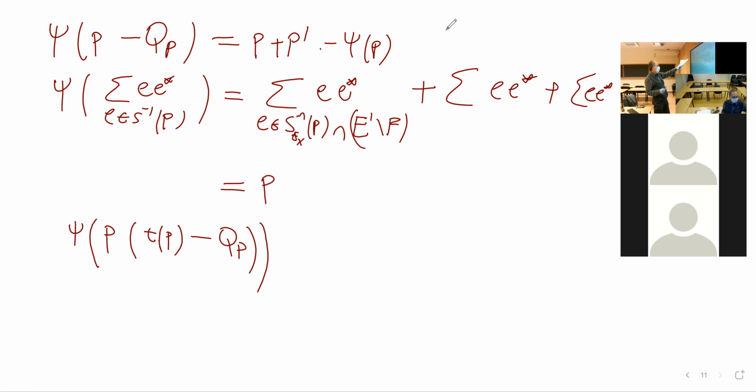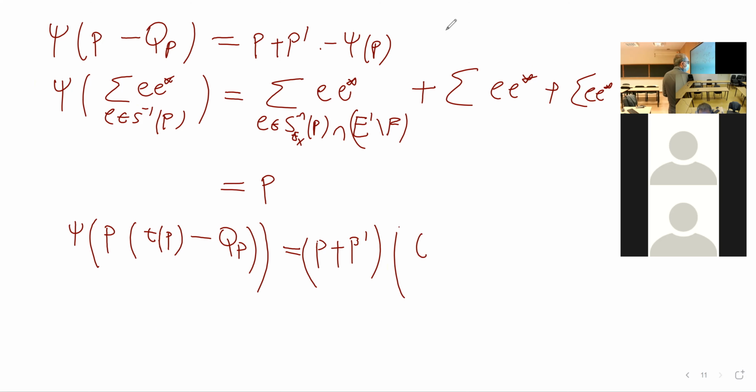P minus QP. Yeah, well, these are vertices. Sorry, that's sorry, this is a completely different meaning. Okay, P is now an edge, so maybe I'll, yeah. This is P plus P prime. That's what we get here.